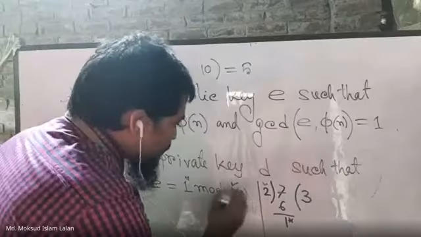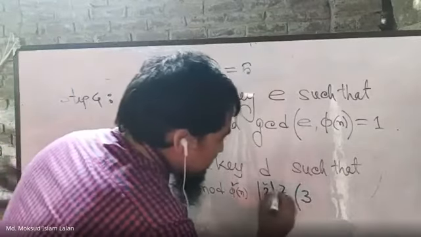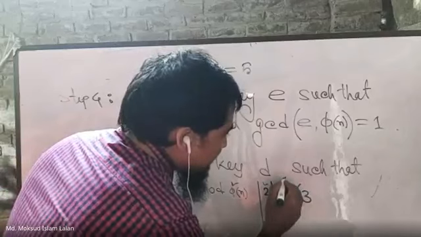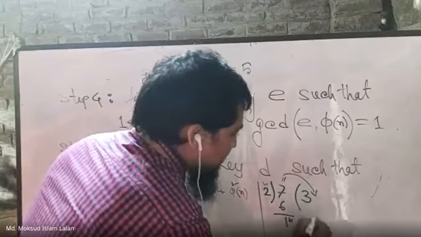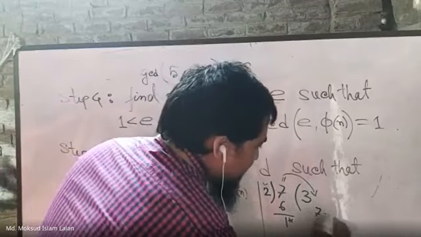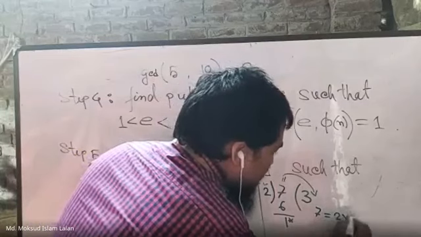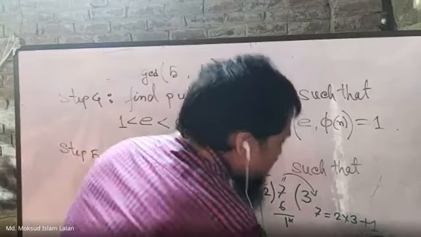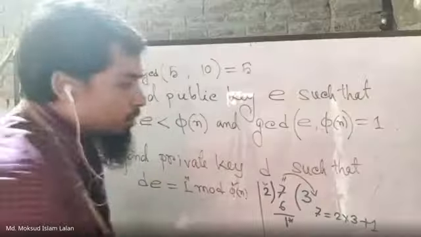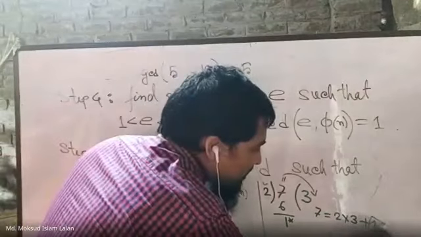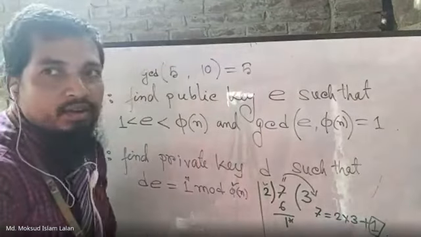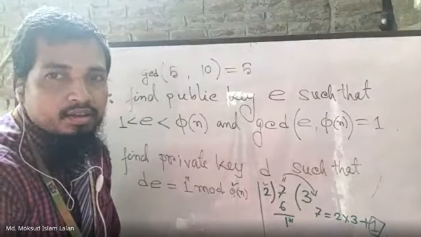So dear students, this 7 can be written as 2 times 3 plus 1. Can I say something like this? So this one is the remainder, right?